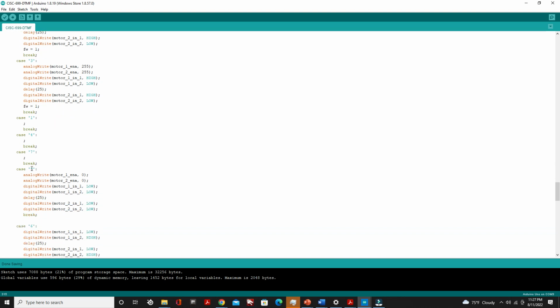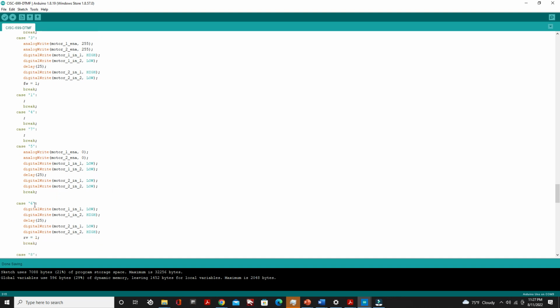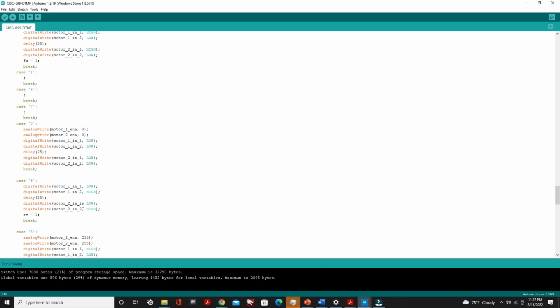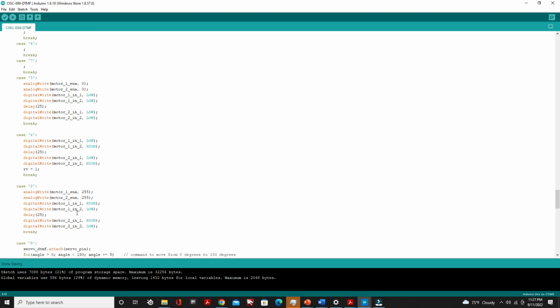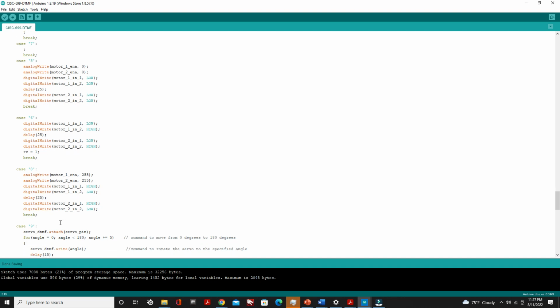Use keypad number 5 to stop the DC motors altogether. For 6, I reverse the direction of the DC motor. For keypad number 8, again I'm running at the constant speed in the forward direction, but the intended usage was to reduce the speed to 100.